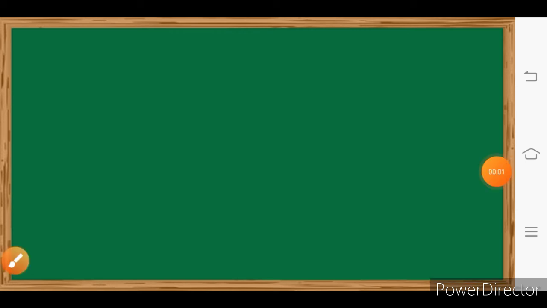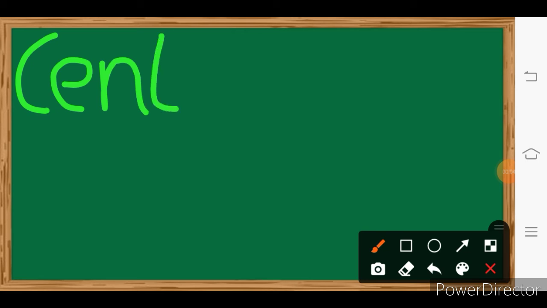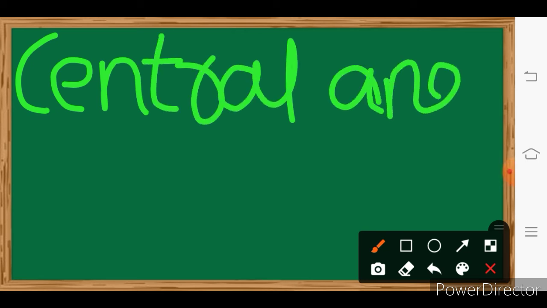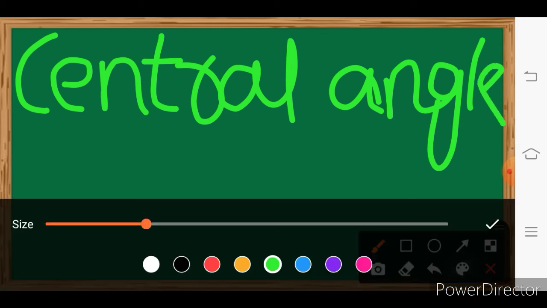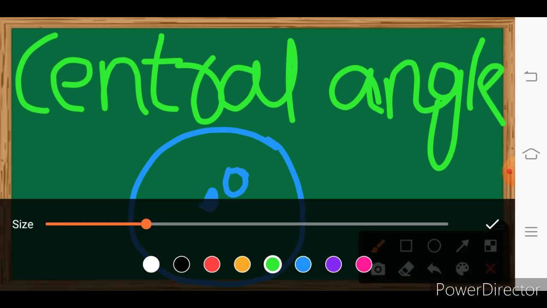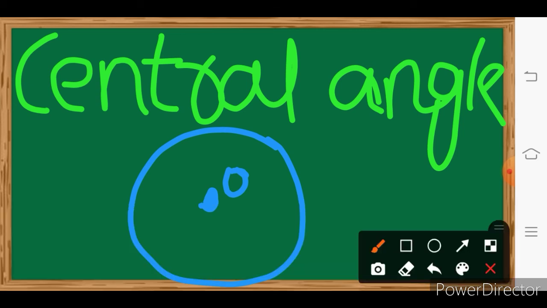Next one is central angle. What is the meaning of central angle? If we take a circle, this is the circle and this is the origin O. This origin is a vertex.